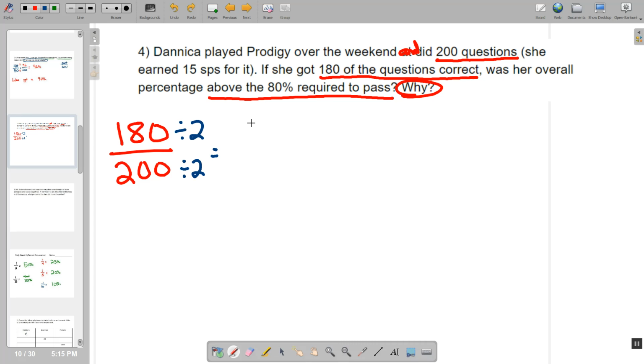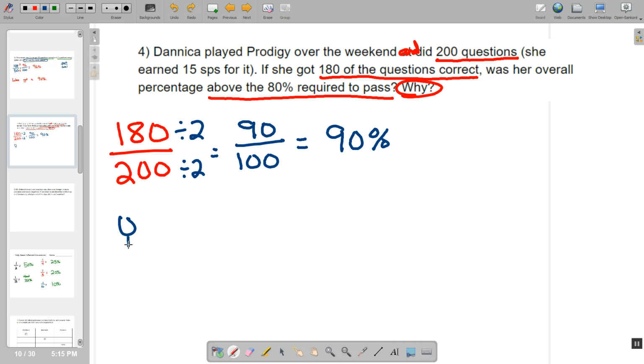So that would be 90. And 200 divided by 2 is equal to 100. 90 hundredths is equal to 90%. And so the question is asking, was her overall percentage above the 80% required to pass?